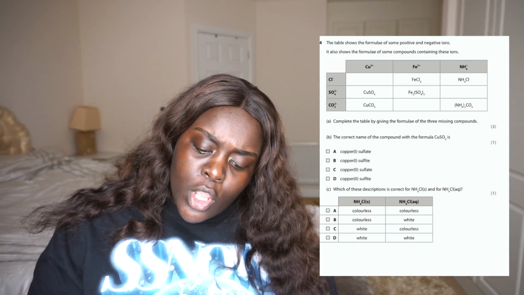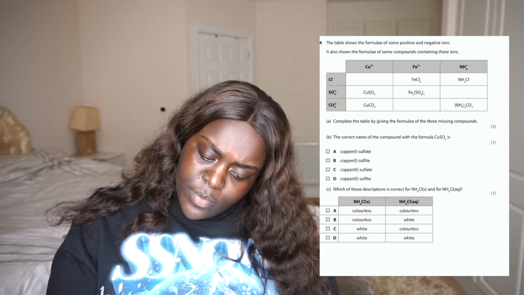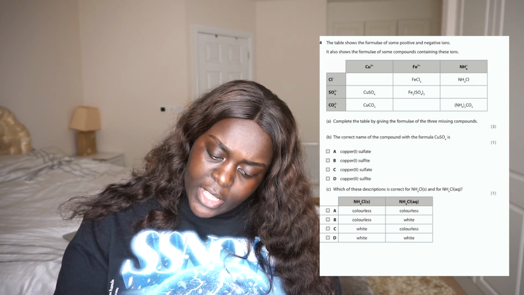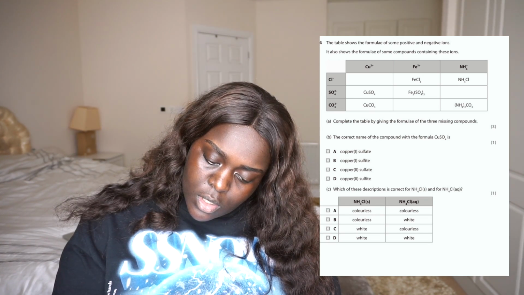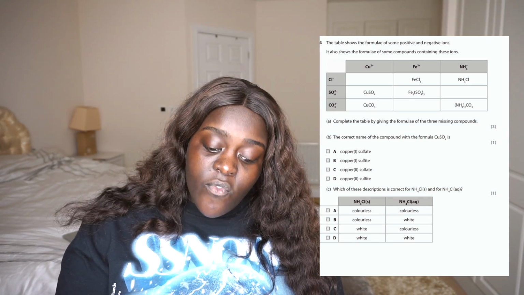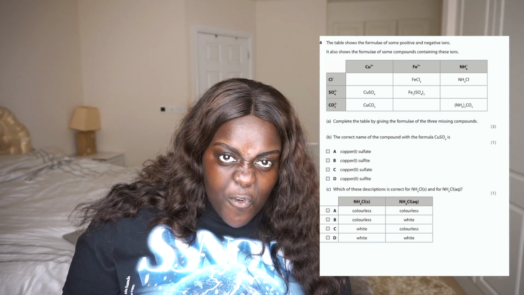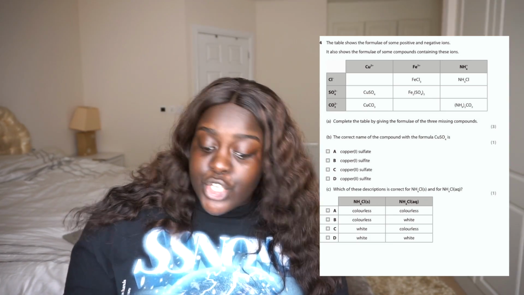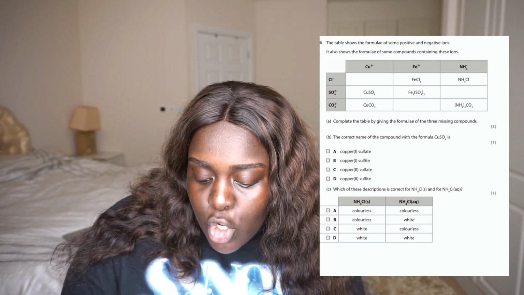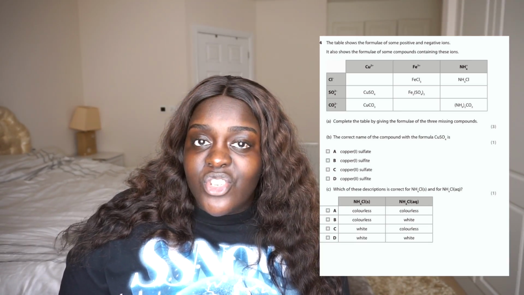Okay. The correct name of the compound with the formula CuSO4 is... So I've got copper with 1s and 2s and sulfite and sulfate. Personally, I don't think I've heard of sulfite, so that's a no from me. So I'm going to cross out B and D because if I've not heard of you, I don't think you exist.